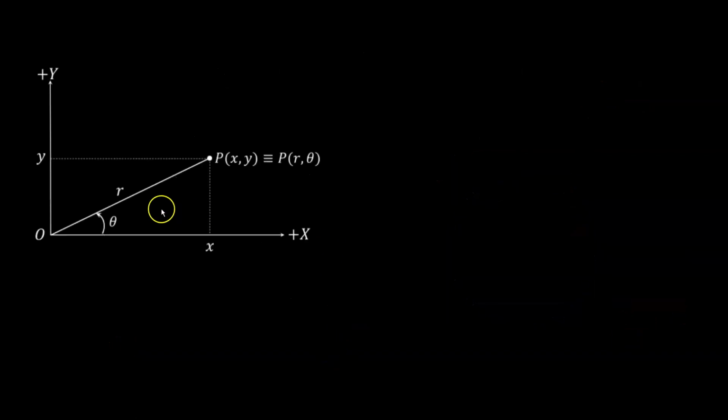So for the point P, the position vector is given by r vector, which is simply equal to the magnitude of r times the unit vector along r, the radial direction, and that is r cap, which is a function of theta. Now what we will do is try to find the velocity. So the velocity will be simply v vector is equal to the rate of change of r vector.